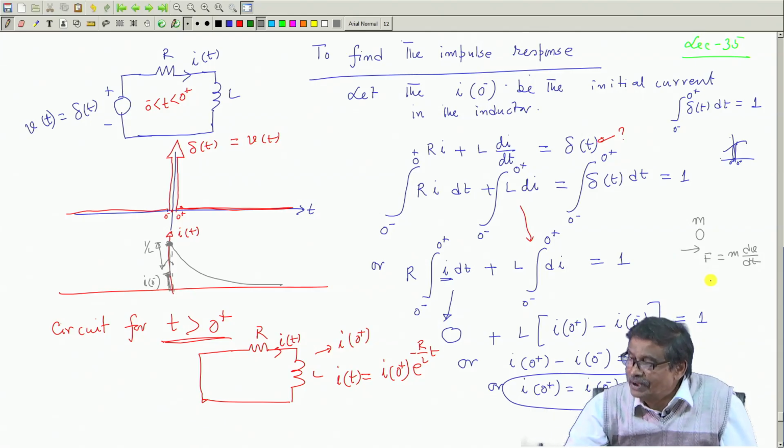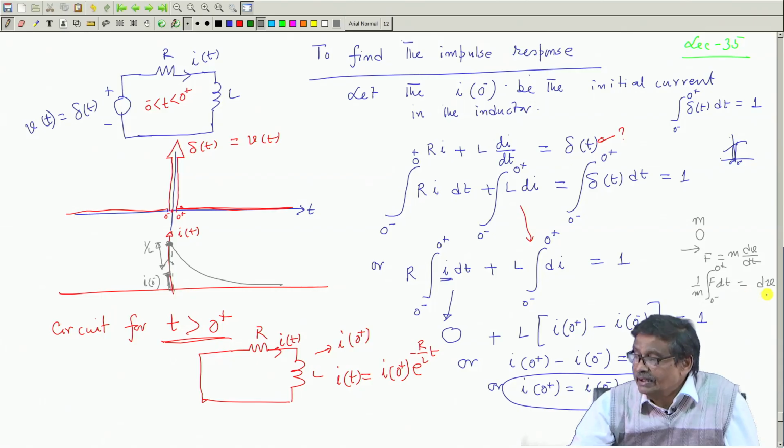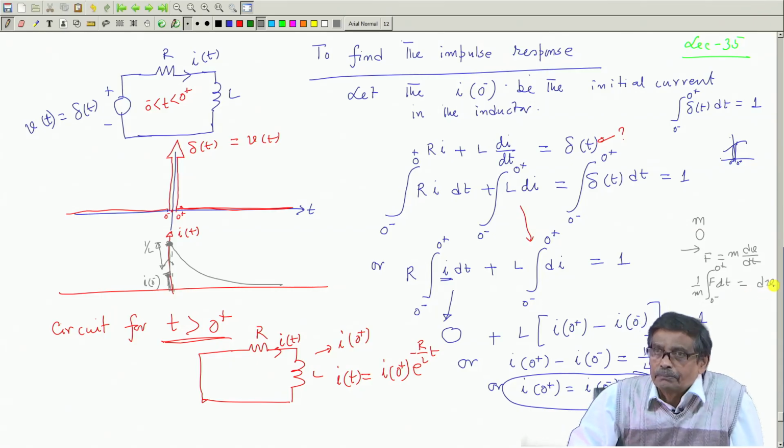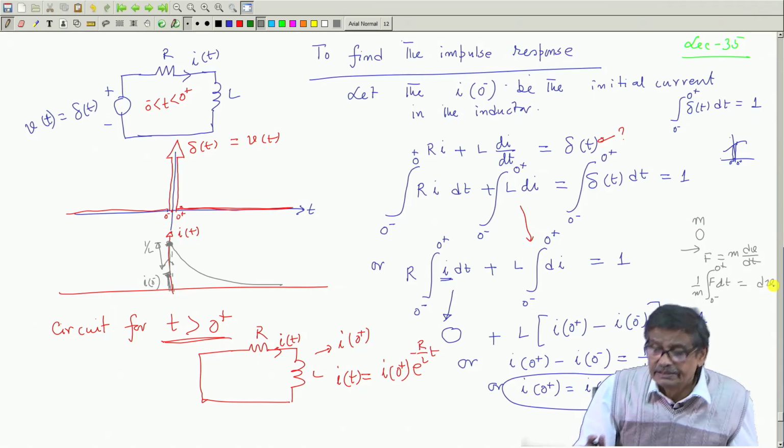Bring the m across, so F dt by m is equal to dV. So between 0 minus and 0 plus, this quantity will be finite, so that a sudden change in velocity can take place.